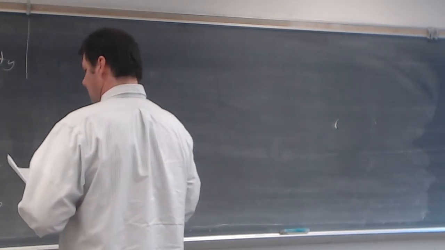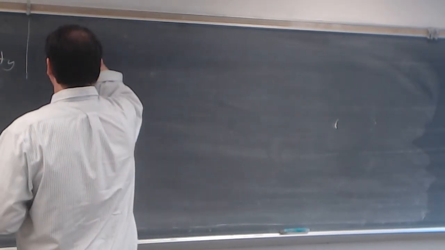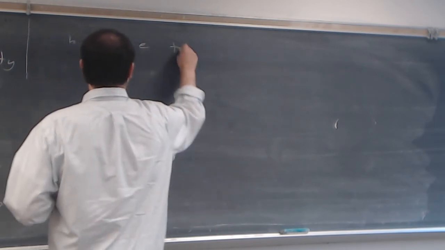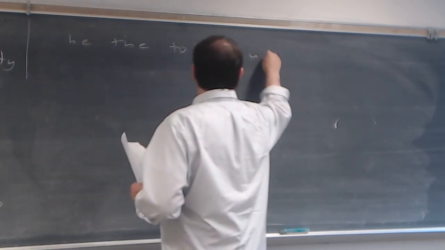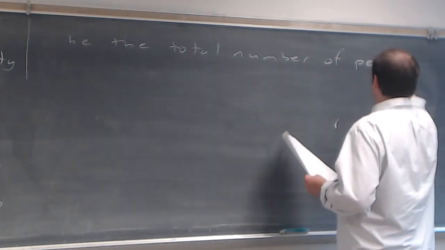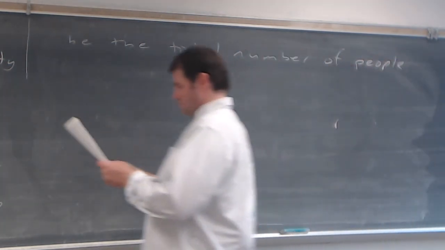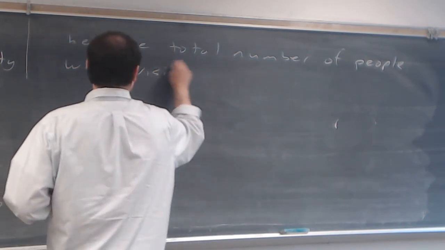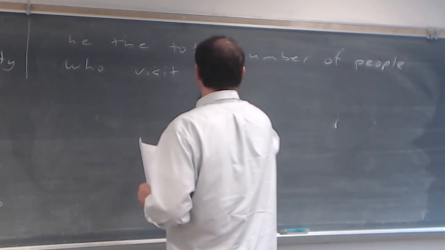So n sub 1 plus n sub 2 is the total number of people who visit the academy today.